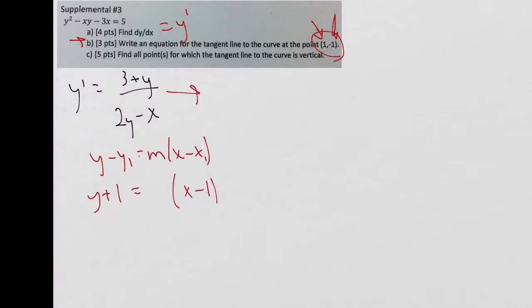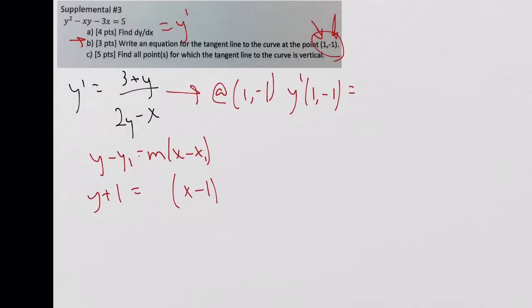So here I'm going to do this at (1, negative 1), and that gives me the y prime of (1, negative 1) is equal to 3 minus 1 over 2 times negative 1, and then minus 1, which comes out to be 2 over 3, but negative.